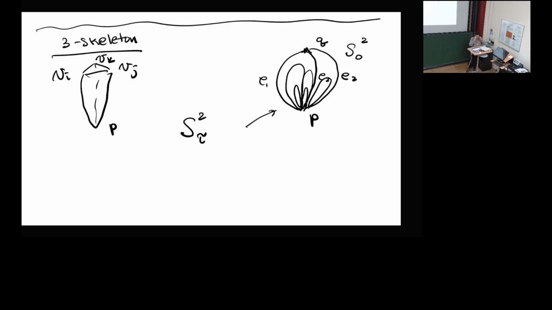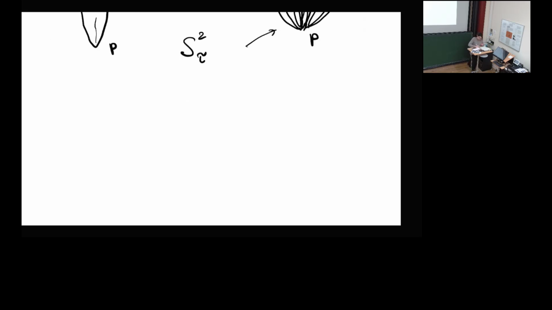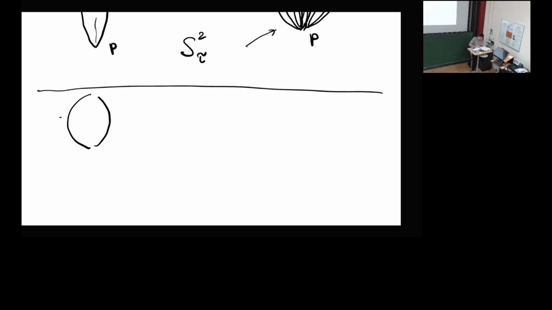We know the following, by our very, very simple observation. Here is E1, and here is E2.